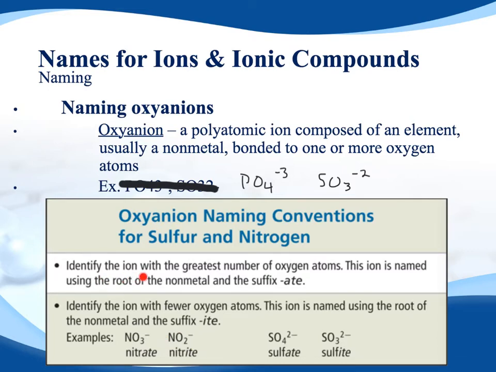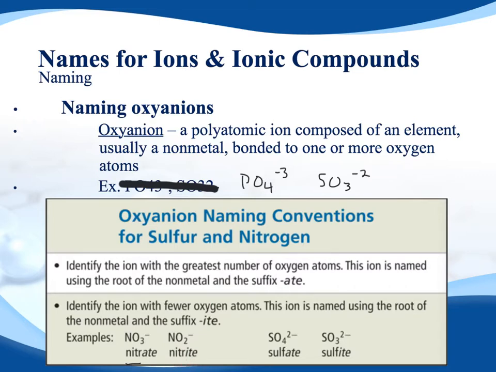You identify the ion with the greatest number of oxygen atoms, which in this instance is the NO3 -1 ion. You name it using the root of the nonmetal, which in this case is nitrogen, Nitr, and you change the suffix to -ate. So this becomes the nitrate ion. Whichever one has fewer oxygen atoms, you use the same root, and the suffix becomes -ite. So this one over here is nitrite.